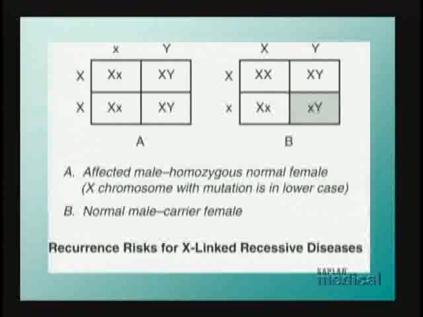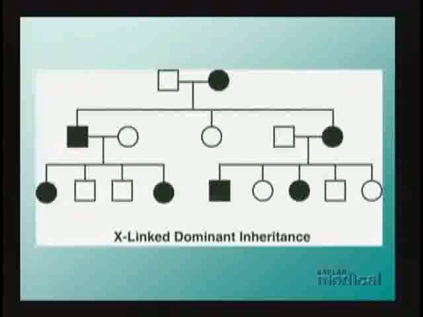All of the daughters will be carriers, heterozygous carriers for the disease. All of the daughters are carriers because the affected father must give his mutant X chromosome to all of his daughters.